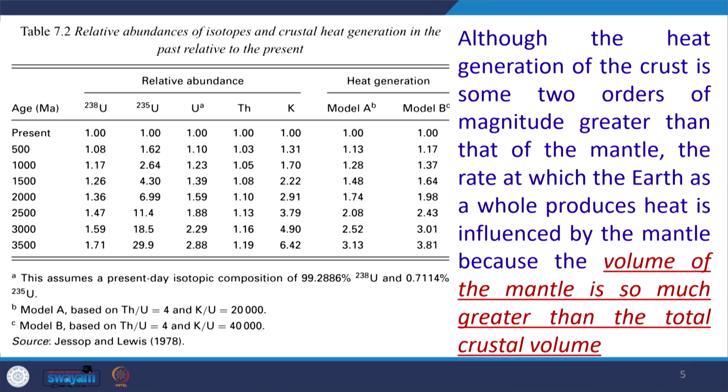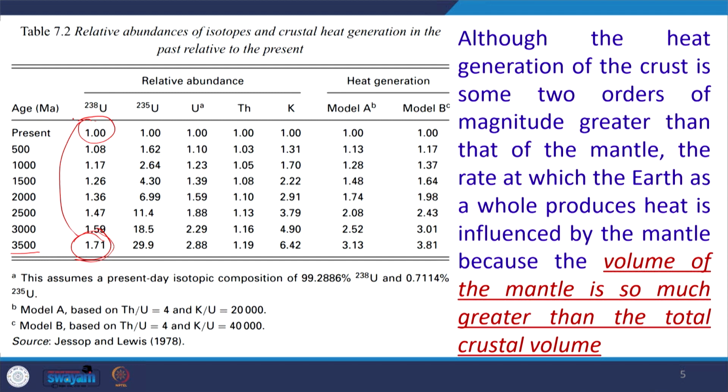Similarly, if you see the relative abundance of isotopes in the crustal heat generation in the past relative to the present, in the present it is 1, and in the past, at 3500 million years, it is 1.75. So, that means almost double.